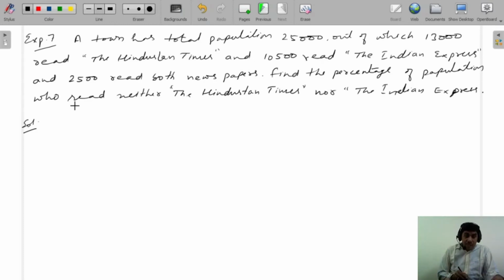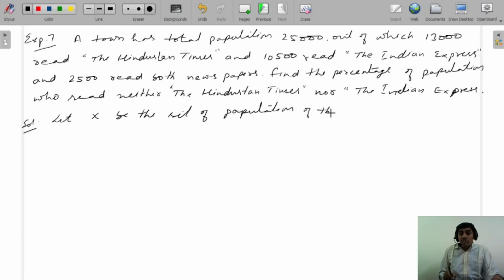So let capital X be the set of the population of the town.